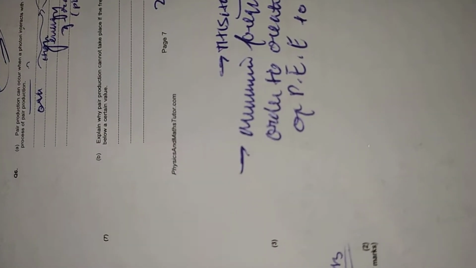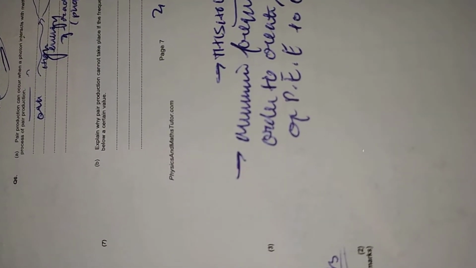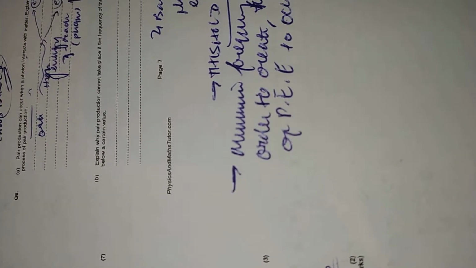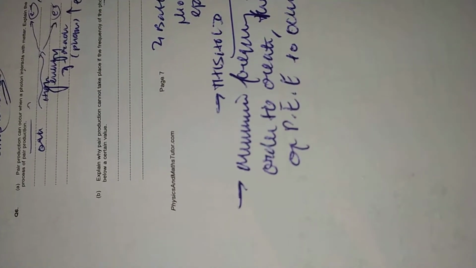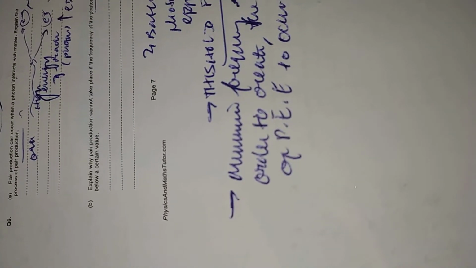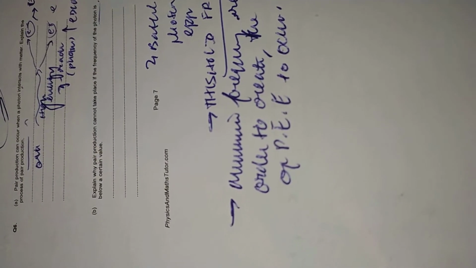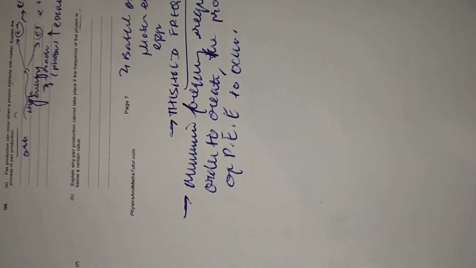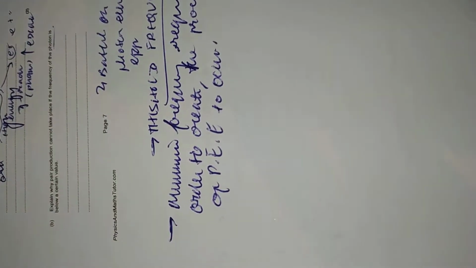Explain why pair production cannot take place if the frequency of a photon is below a certain frequency. Basically, the energy of the photon depends on the frequency. This is based on, which you wrote very nicely, the threshold frequency.